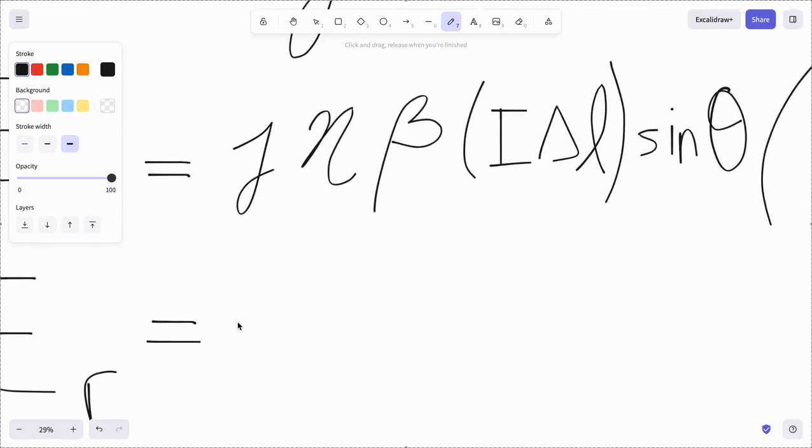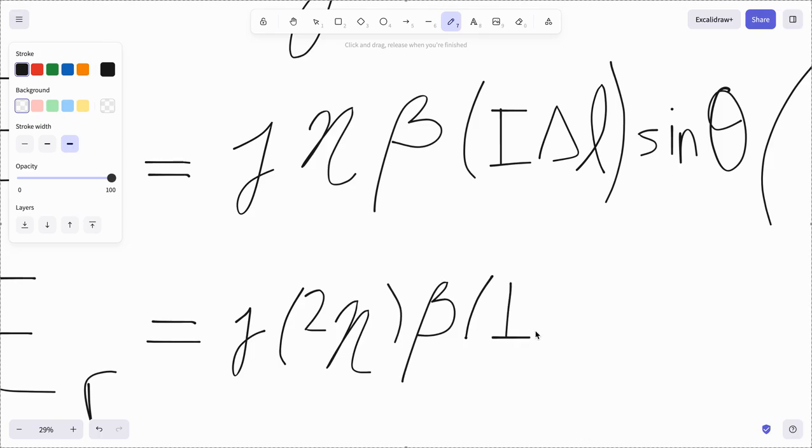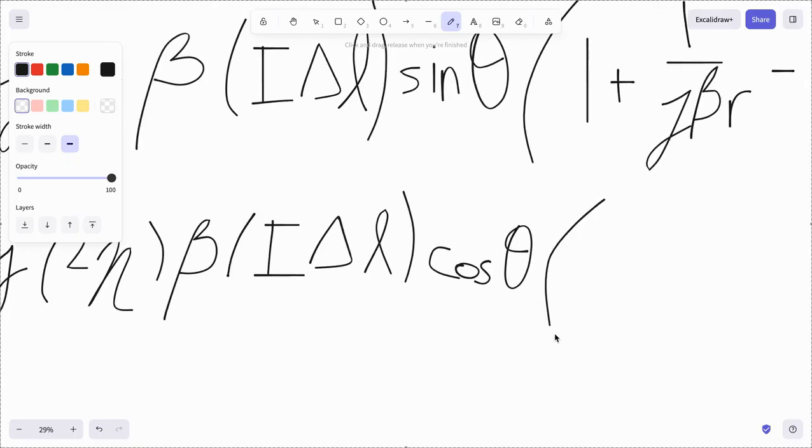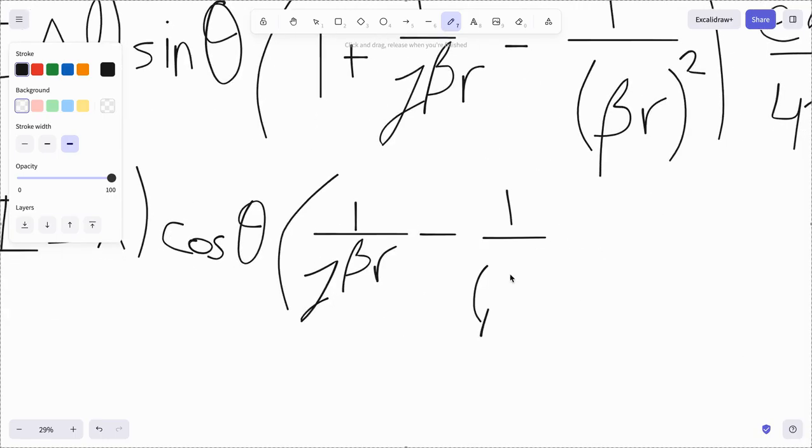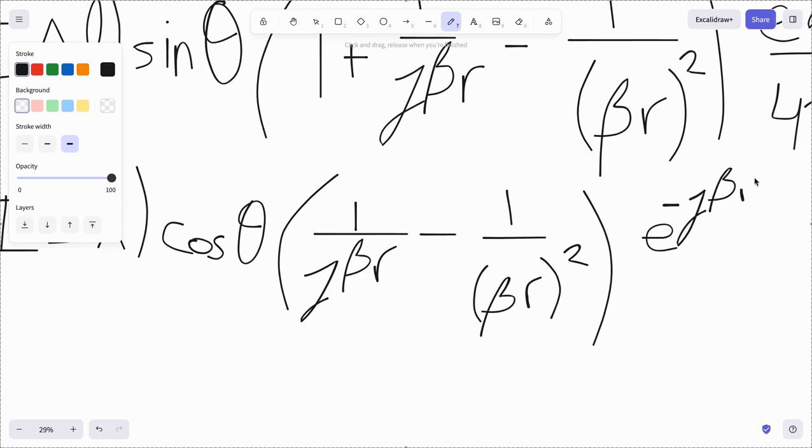And then here, E r is equal to j times 2 eta beta I delta L cosine theta times 1 over j beta r minus 1 over beta r whole squared, e to the minus j beta r over 4 pi r.